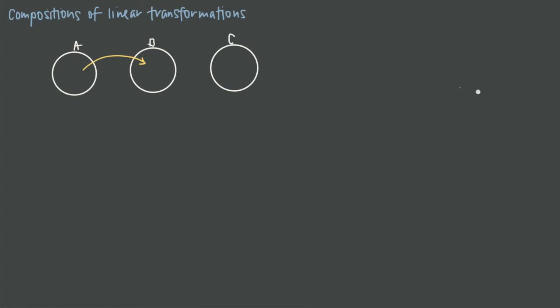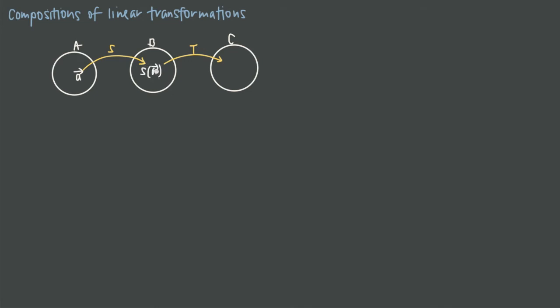So we'll call this space C. And after we have transformed the vector from A to B, we want to take that result and move it from B over into C. In other words, we could call this the transformation S and this the transformation T. And so if we started with some vector a that's in A and it moves over to B, the vector we would get here would be S of a.